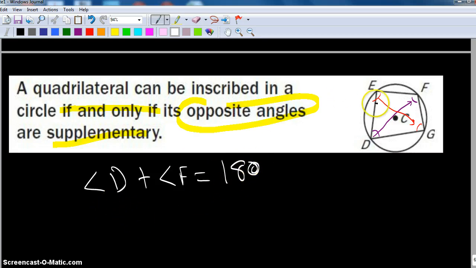Same thing with E and G. Angle E plus angle G are 180. Why? Because if my lines weren't so quick, they'd go through the center and they would make a diameter.